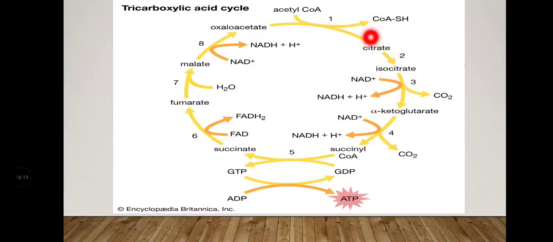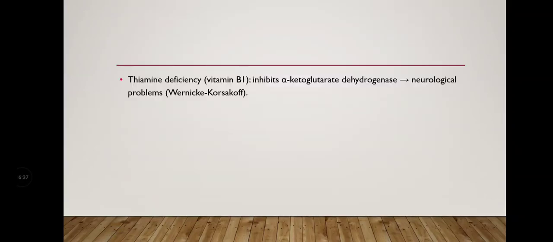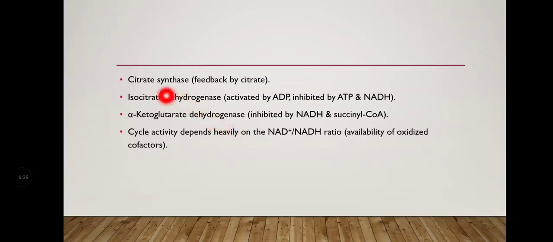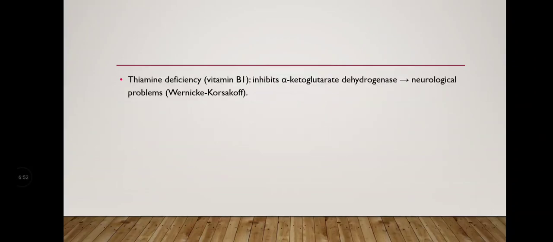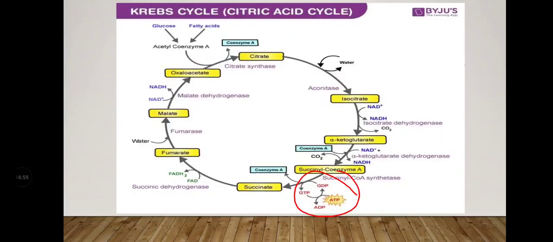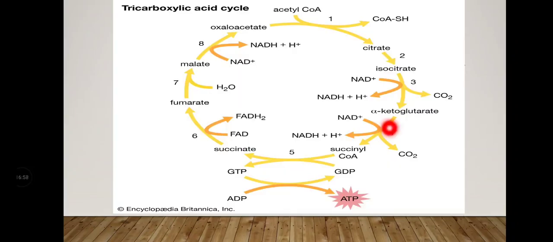Here, the citrate inhibits the citrate synthase. Then alpha-ketoglutarate dehydrogenase, we're saying it's inhibited by the ratio of NAD plus and NADH. Isocitrate dehydrogenase is activated by ADP but inhibited by ATP and NADH. Alpha-ketoglutarate dehydrogenase is inhibited by NADH and succinyl-CoA.